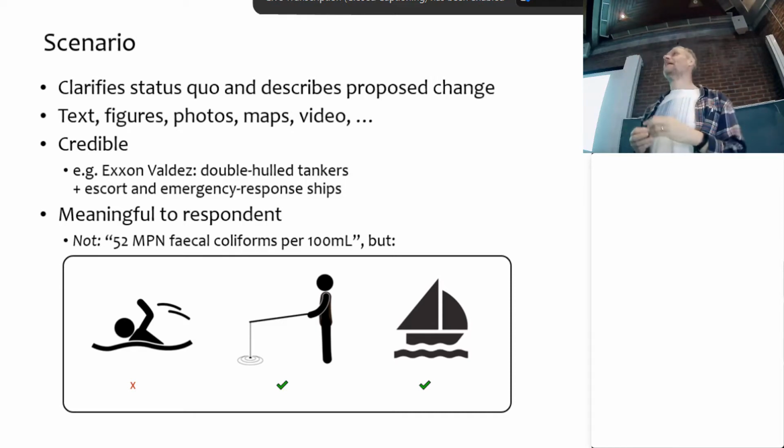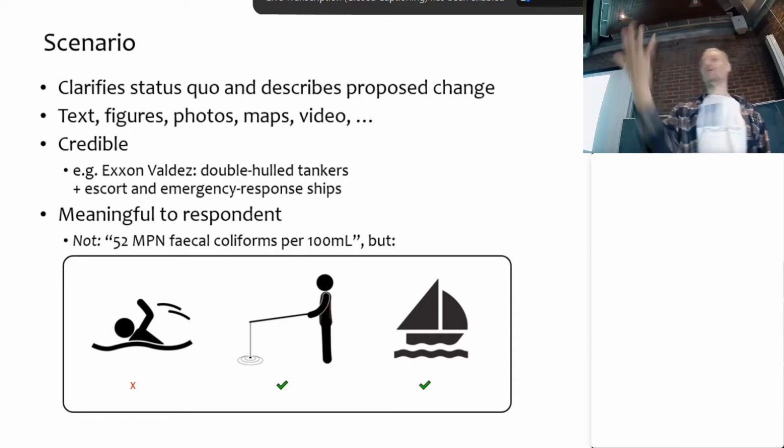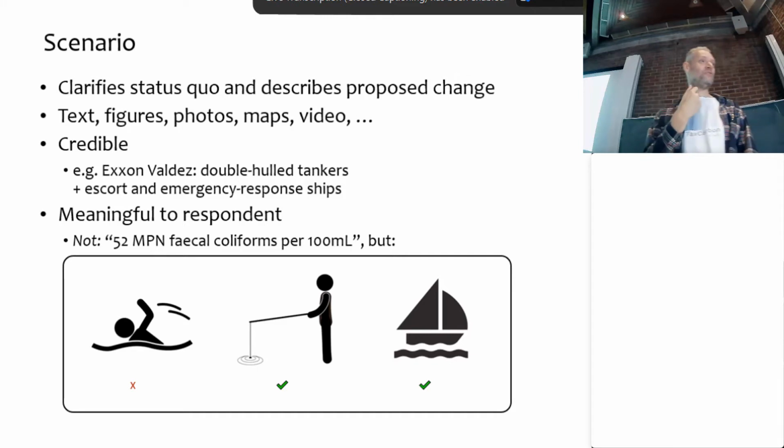Don't swim in English water, it is not good for you. That is a message that you can get across, right? And pictures as is shown here, don't go swimming, don't go fishing, don't go sailing on this water. That is something that people understand. If you put in your survey that there's 52 MPN fecal coliform per 100 milliliters of water, that is accurate information, or would be accurate information in some conditions, but nobody understands what you're talking about, right?